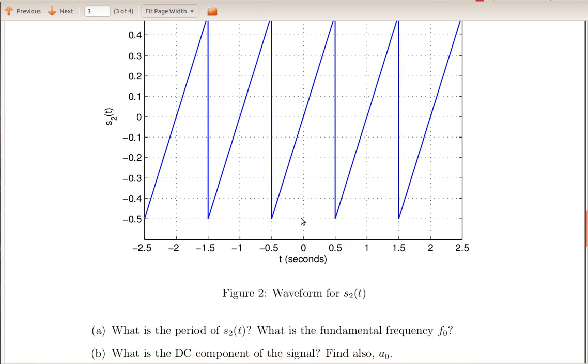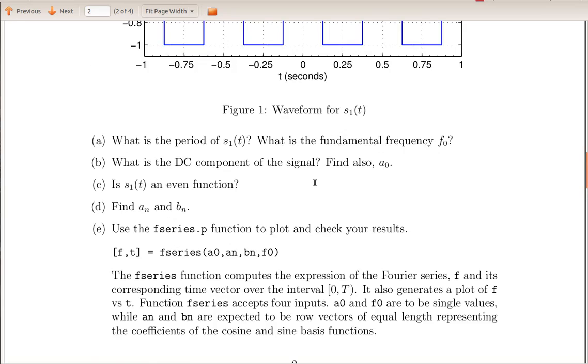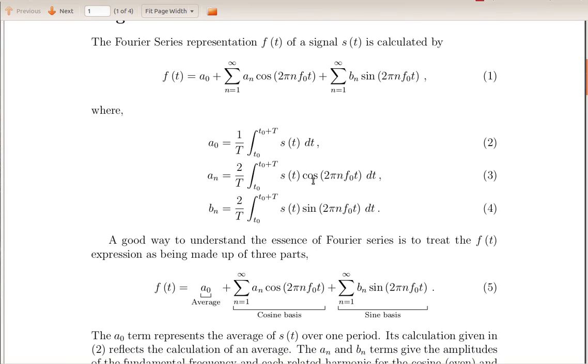And if it's purely odd, we do not expect there to be any even components in it. So the even basis functions, which are the cosine functions, are not going to exist. They're all zeros. That's what we see here. So an is always going to be 0 in our case.